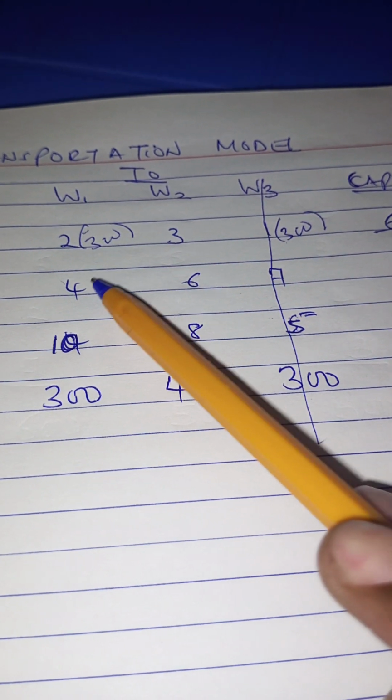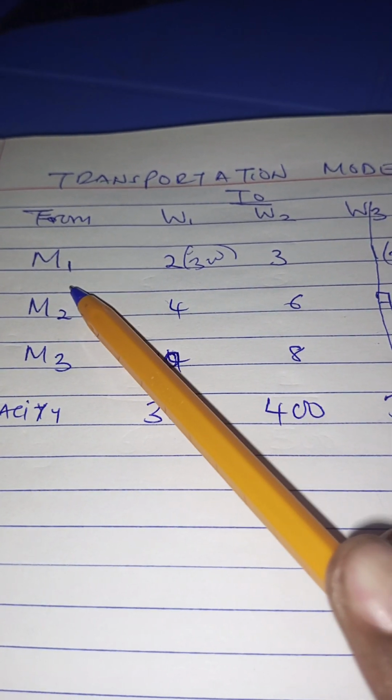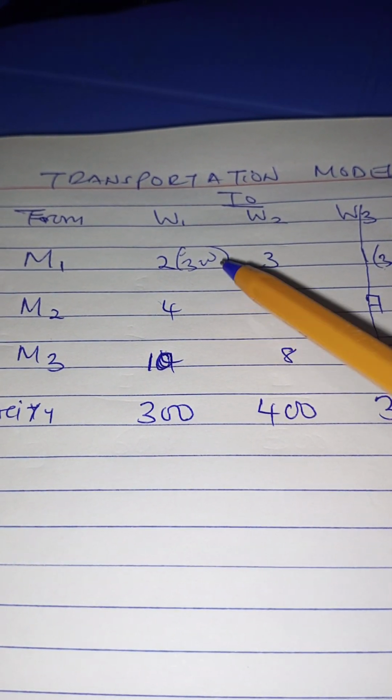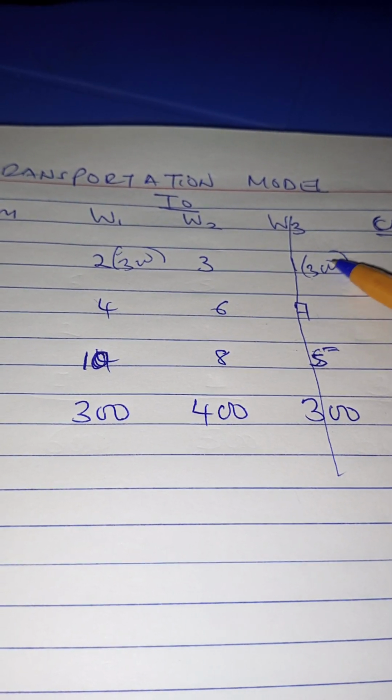Having done that, you can now see that the capacity from M1 has been assigned. We have taken 300 from M1 to W1, and we have also taken 300 units from M1 to W3.